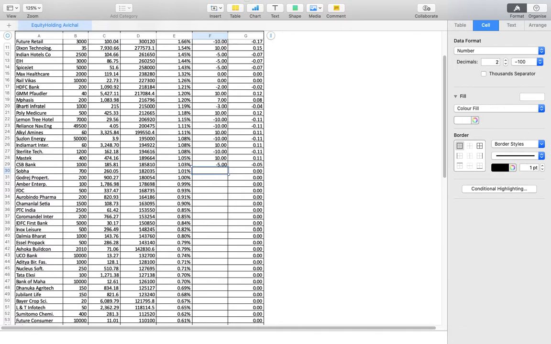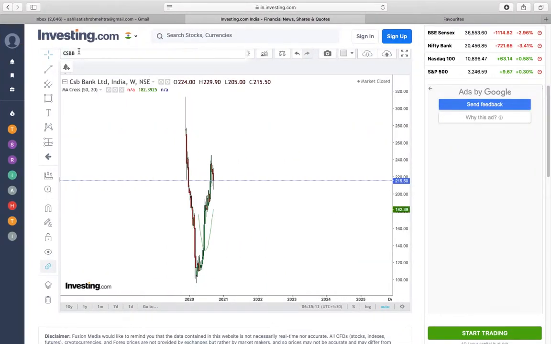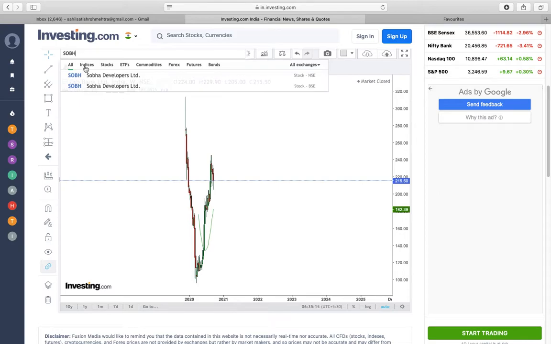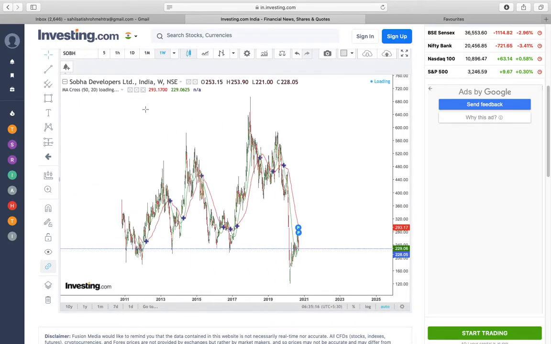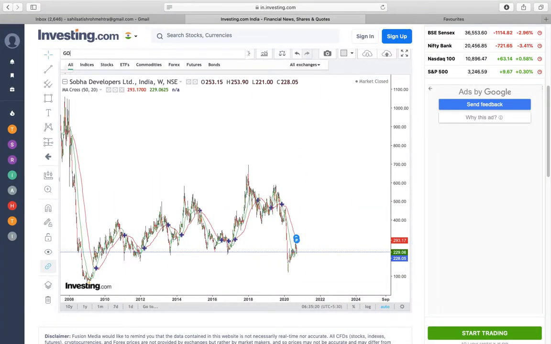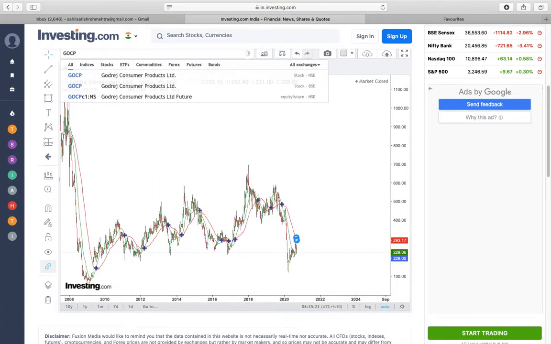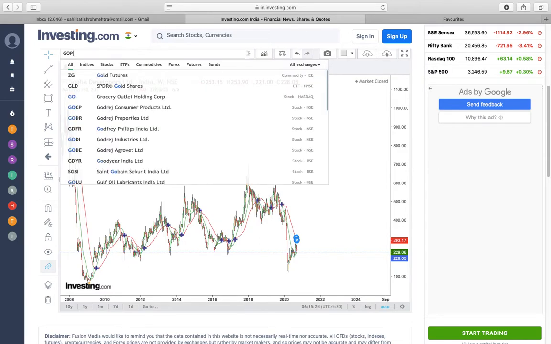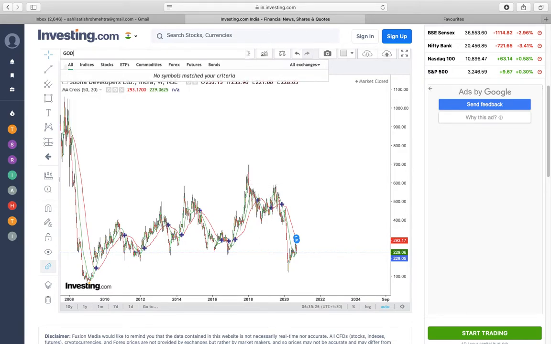I'll leave this one. I think Shobha and Godrej both are an exit. The real estate market is not really required for us, and I think this is Godrej Properties.